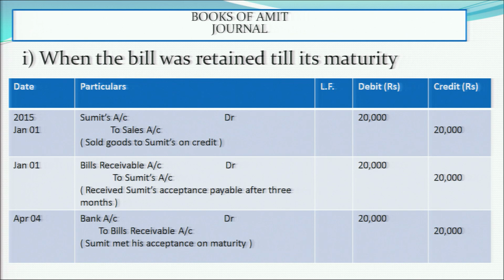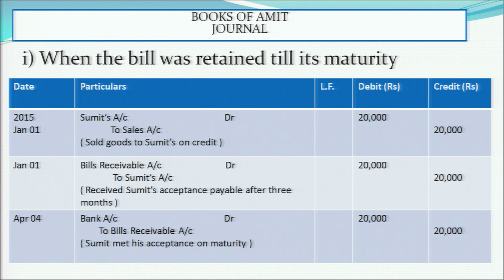As it is a credit transaction, the bill is going to come into the picture. So bills receivable account debit to Sumit account. Now at the date of maturity, what is the date of maturity here? Jan 1 plus 3 days of grace. It is going to be 4th of April. So bank account debit to bills receivable. Easy, nothing hard.